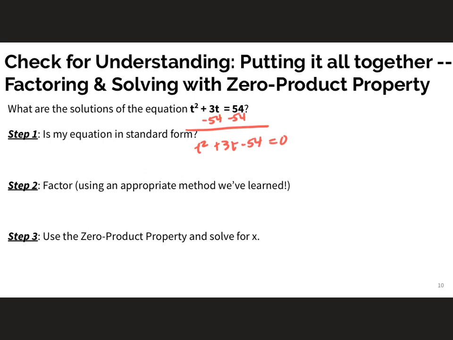So when I look at this expression, t squared plus 3t minus 54, I notice that my a is 1, my b is 3, and my c is negative 54, right? So because I have a trinomial and my a equals 1, I know that I can use the x method, which is probably the easiest method to factor.